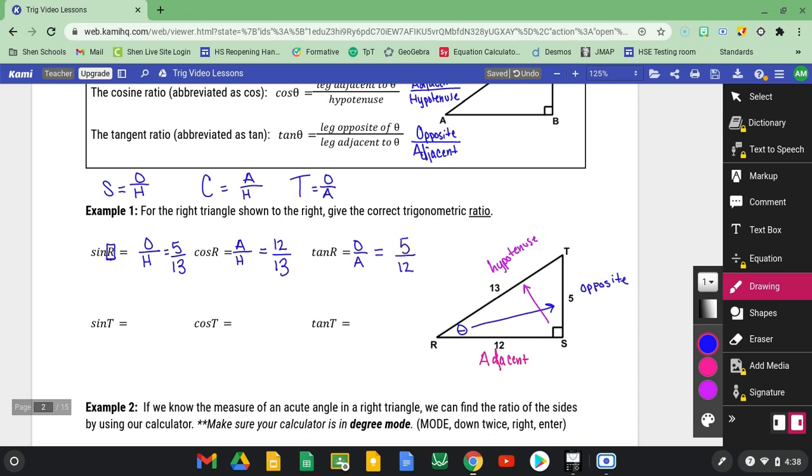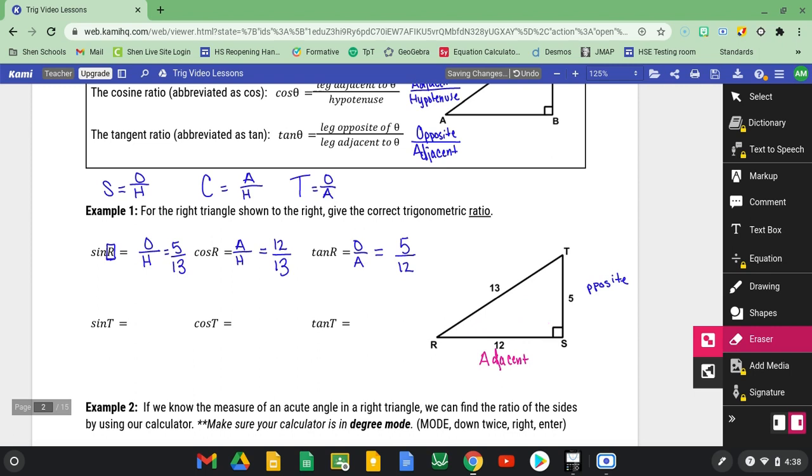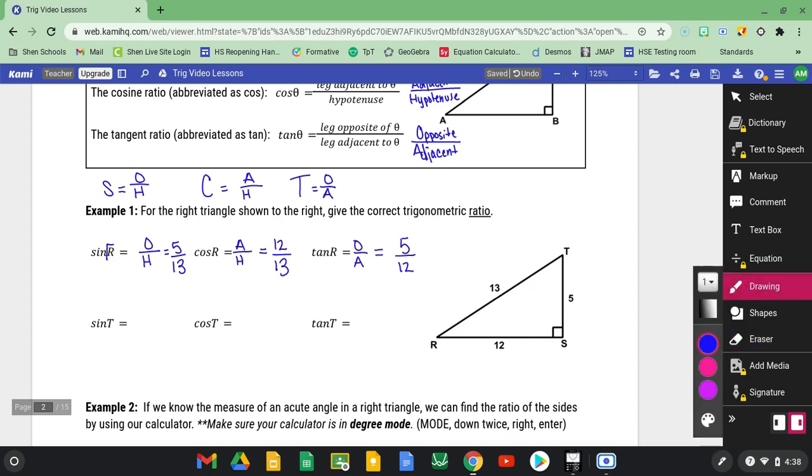I know the hypotenuse is 13. And lastly, I have tangent of R. Tangent is O over A, or opposite over adjacent. The opposite side is 5, and the adjacent side is 12.